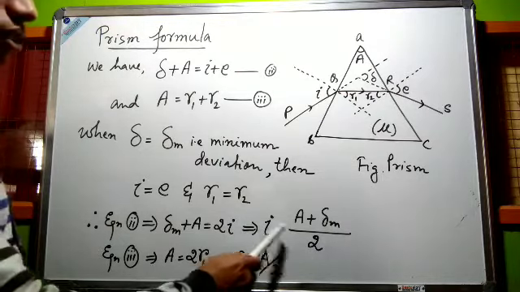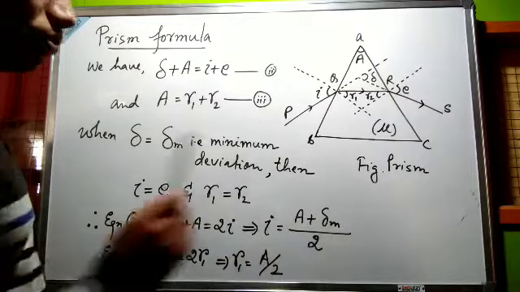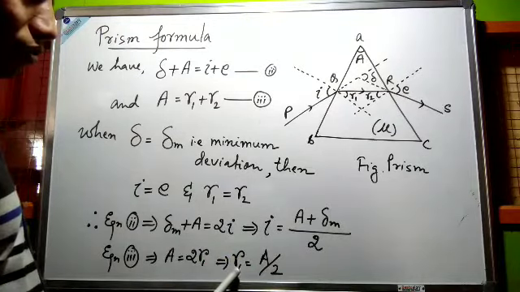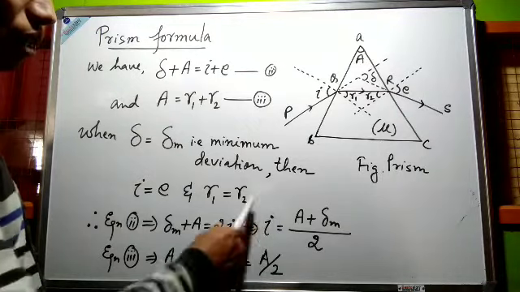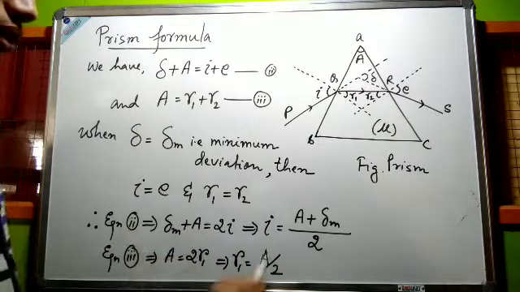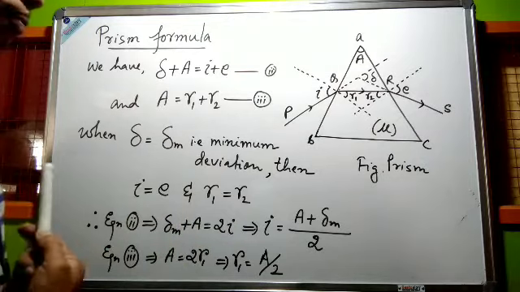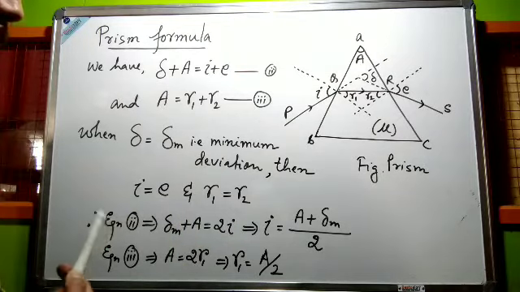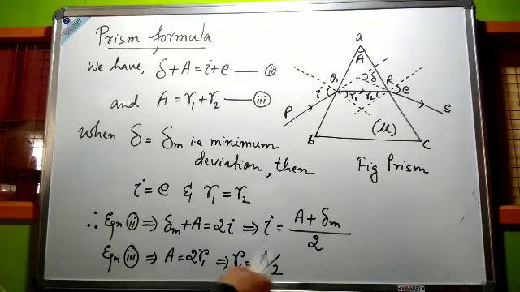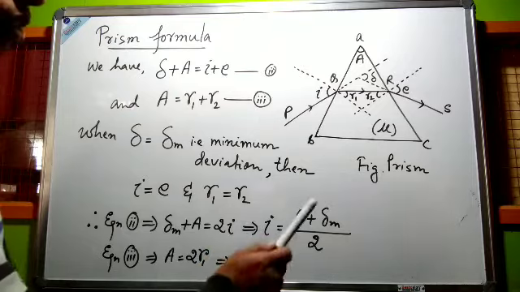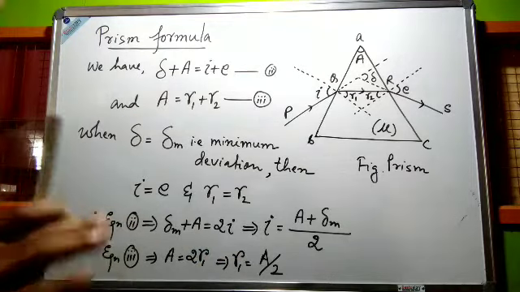So the angle of incidence is A plus delta m by 2 and the angle of refraction R1 is A by 2. Putting these values in equation number 1, the prism formula, sin I divided by sin R1 equals mu.